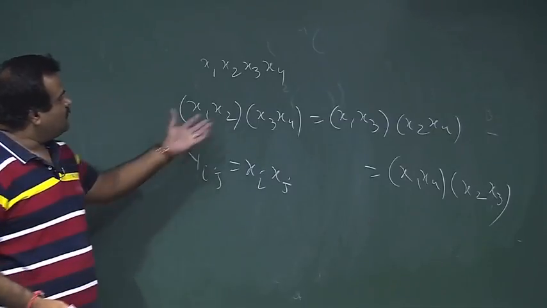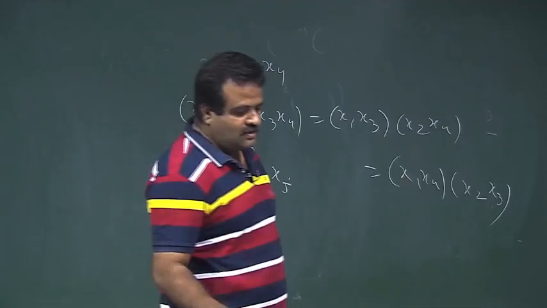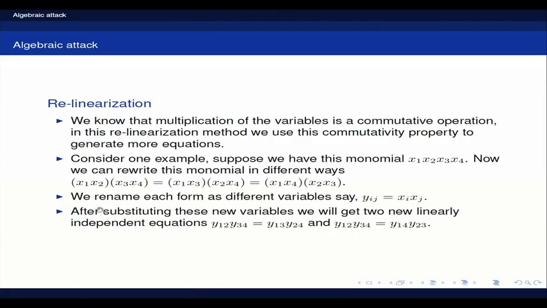So we have many choices, and we can have corresponding equations. We rename each of these different variables as yij. After substituting these new variables, we will get some new linearly independent equations of this form.